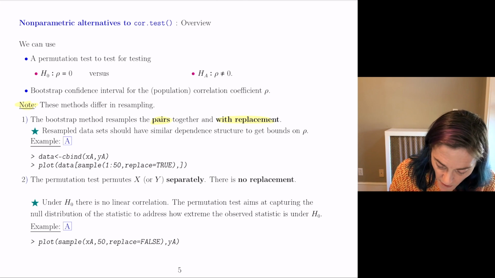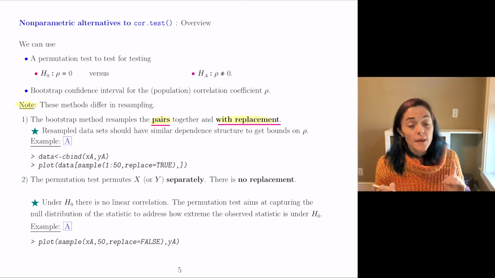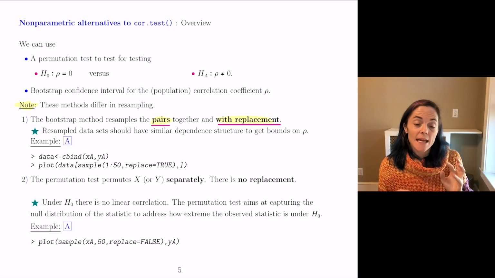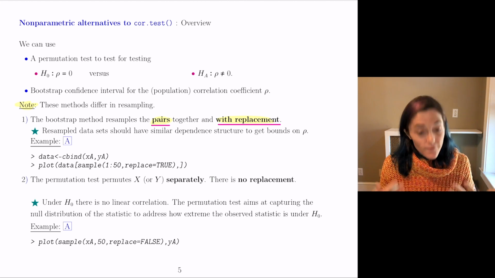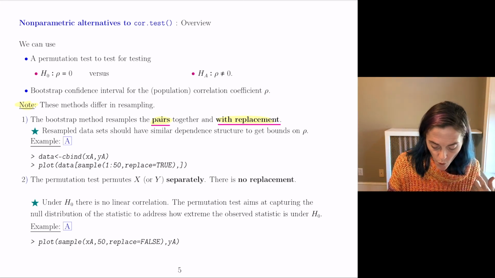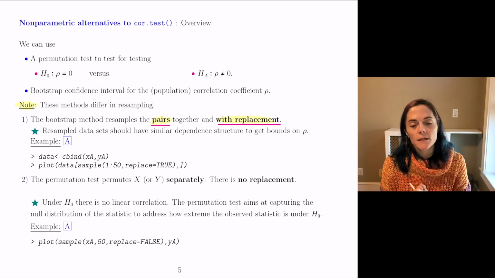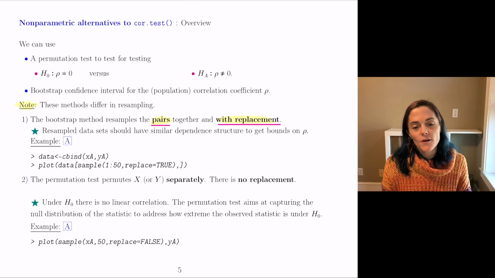Okay, now it's very different when you're thinking about a permutation test, because in a permutation test, we're not trying to keep the dependent structure. In fact, permutation tests work under H0, which says there's no linear correlation. The permutation test aims at capturing a null distribution for the statistic to address how extreme the observed statistic is under H0.